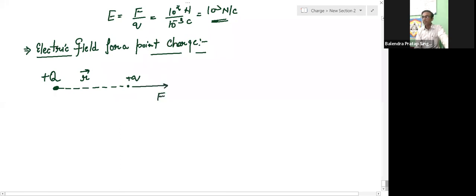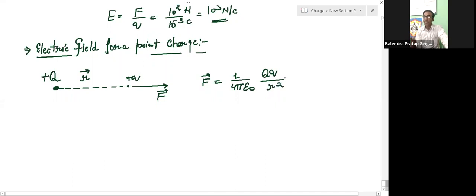This is F. Okay, and now what is the value of this force? You can find the value of this force. F is equal to 1 upon 4 pi epsilon naught, that is capital Q, that is small q, divided by r square.